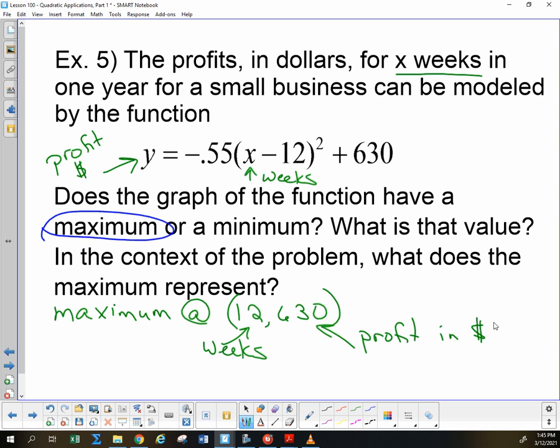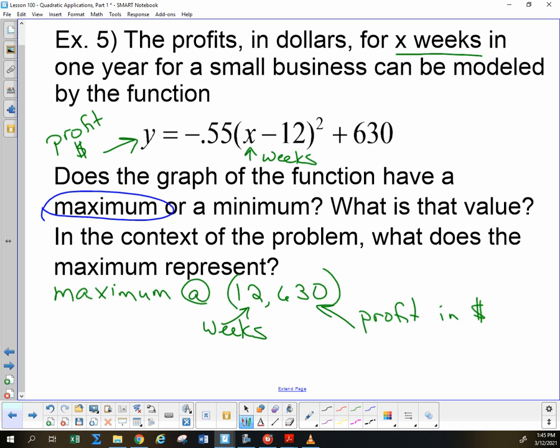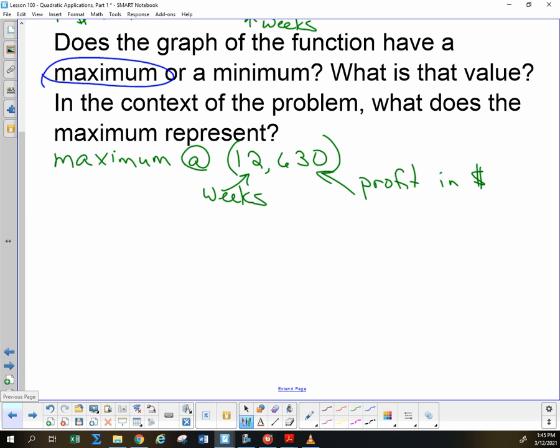We expect you to write a complete sentence where you are writing everything out. So what you would do is you would say that the maximum profit, because the max is what is the highest Y?